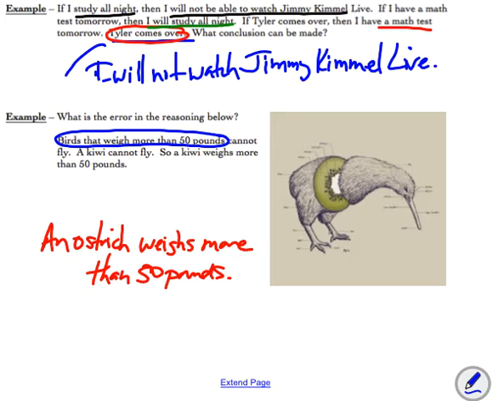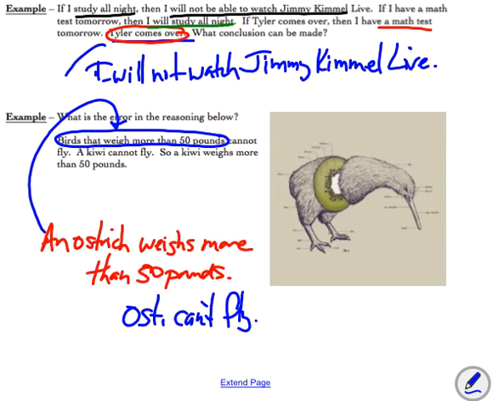So birdie is a bird that weighs more than 50 pounds, therefore it cannot fly. So this would be our law of detachment. We have something that fits in here, and our conclusion would be the ostrich cannot fly based on our hypothesis and our conclusion of the statement before that.